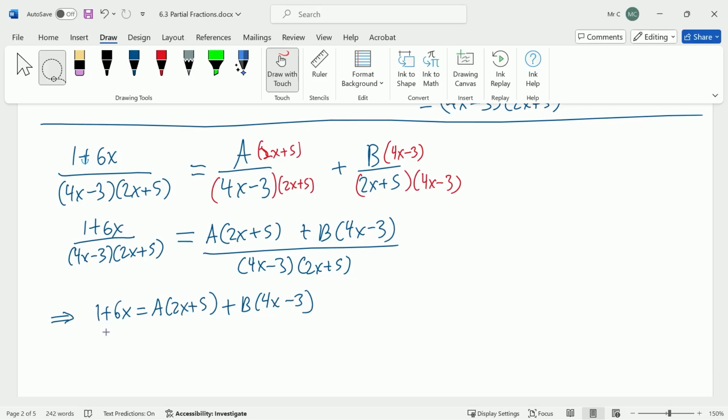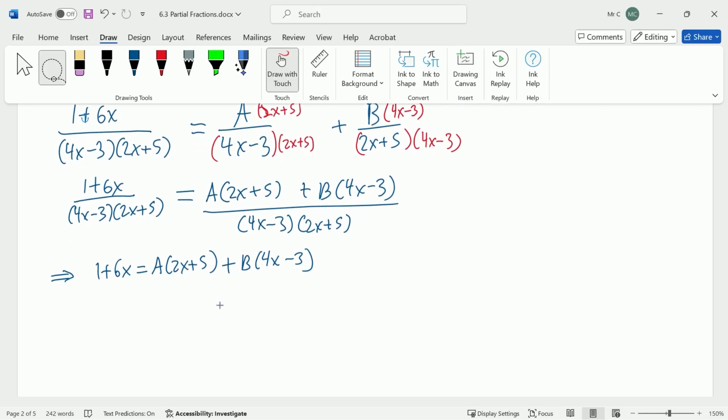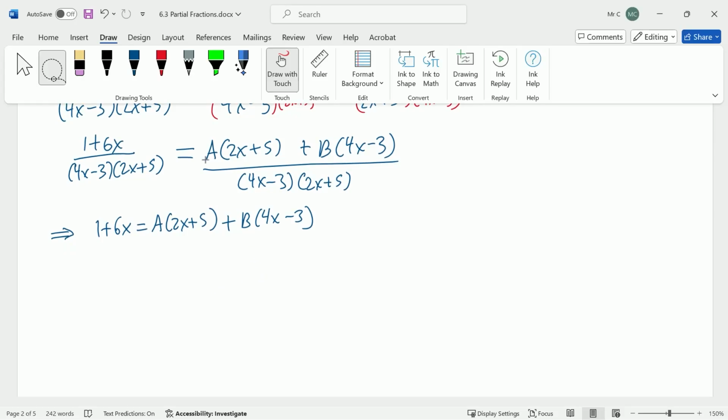Okay, now I want to solve for a and b. And there are a lot of ways you can solve for a and b in this type of problem. I'm going to do what's the simplest way in this case, but we might have to take different approaches later in some of our later examples. So, what I'm going to do here is say, hey, this equation has to be true for any value of x, which means I can plug in values of x and solve that way.